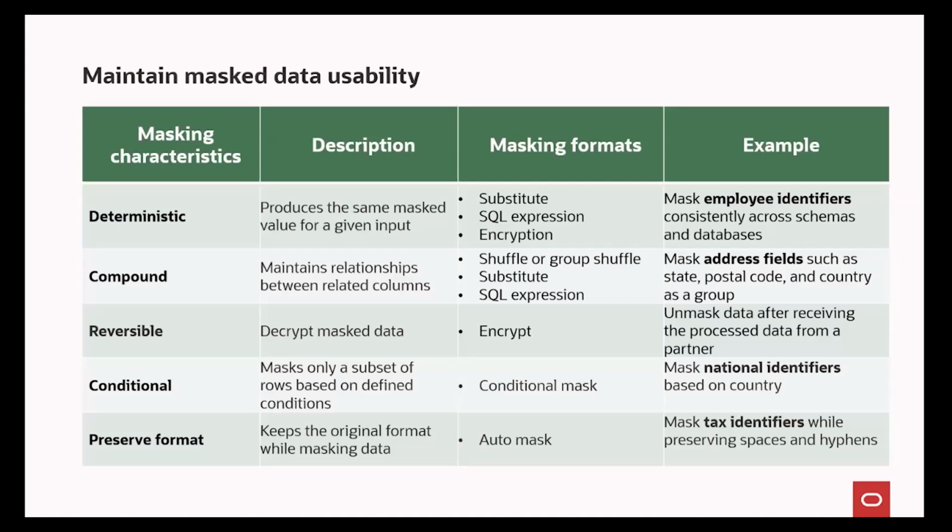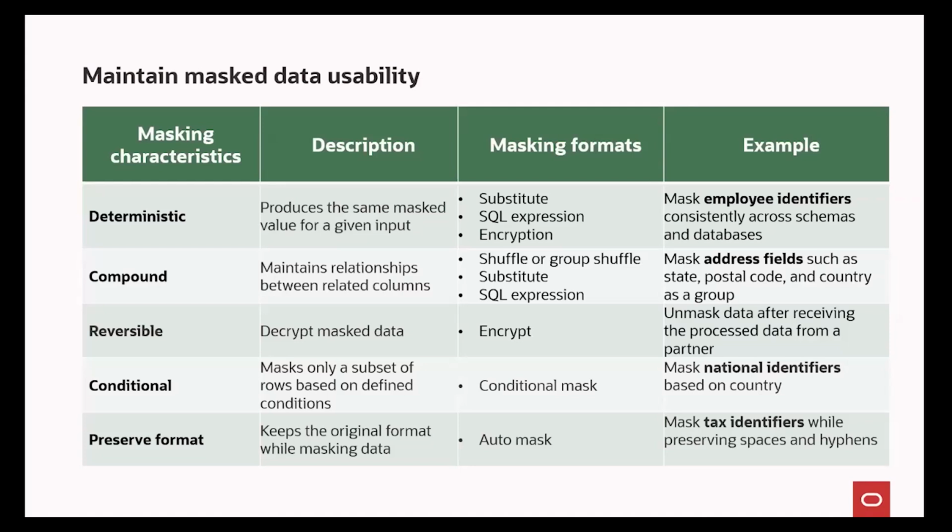You would want to have masked values which are realistic, right? For the same city, it should have the actual value for the state and for the country. So this will come under compound masking. Reversible, again, here if users want to retrieve the original data back, DMS does offer the option of performing decryption.